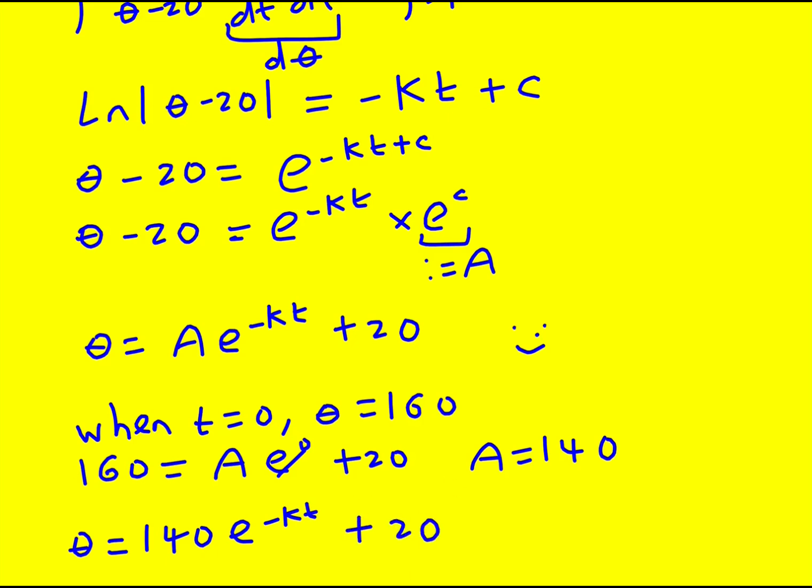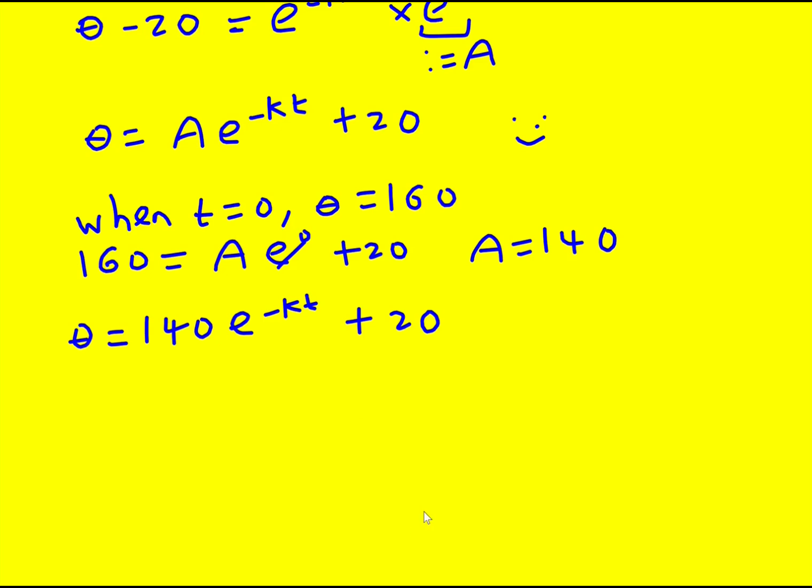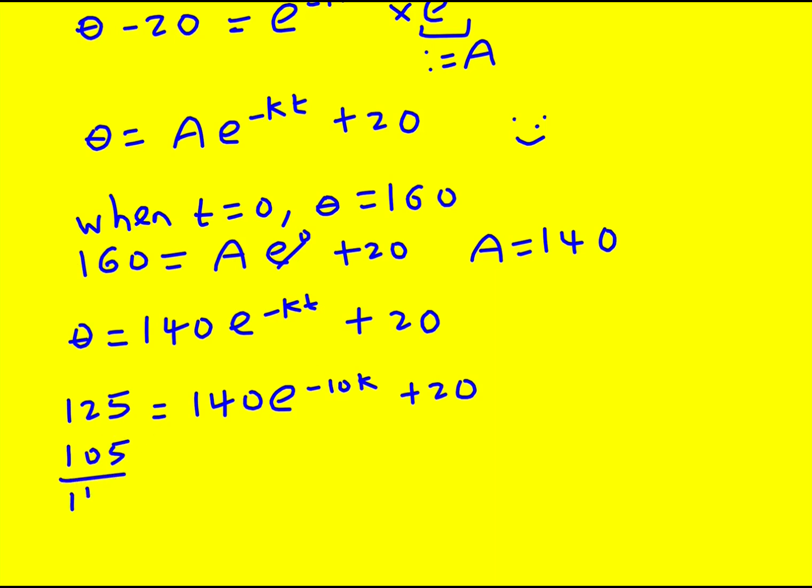And then we've got 10 and 125. So 105 is going to equal this 140 e to the minus 10k. I can divide by the 140.